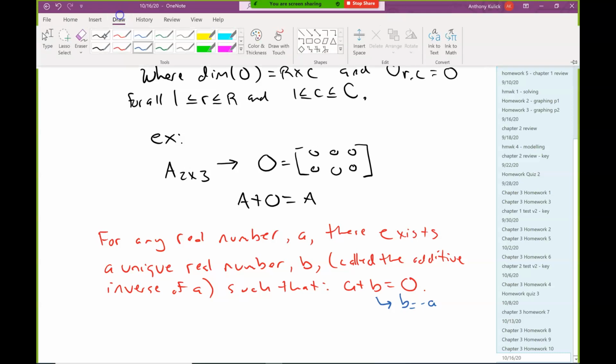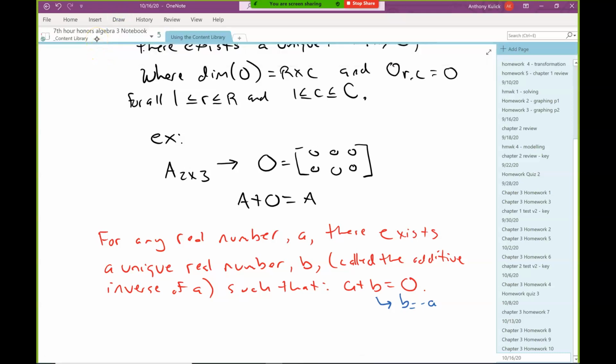The question now is, do we have the same thing for matrices? If I have some matrix A, can we find another matrix that when I add it to A gives me the matrix of all zeros?